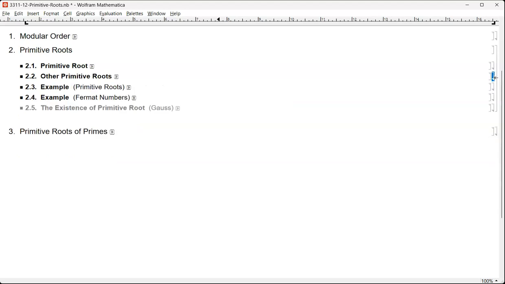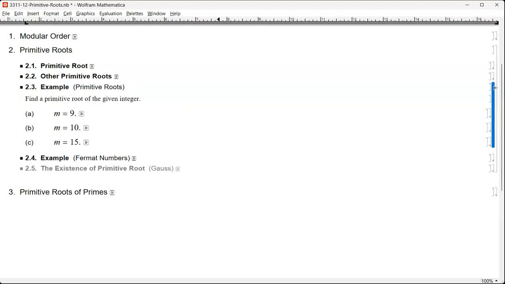Well, before doing any of those, let's have some exercises. Find a primitive root of the given integer. M is 9. Before starting, let's find what is phi of 9.